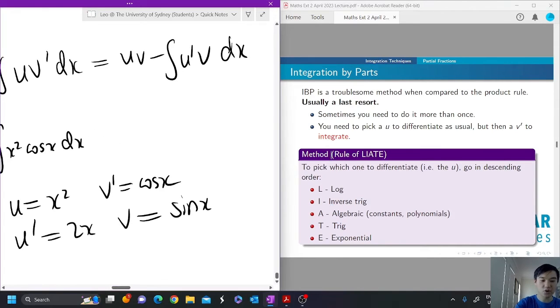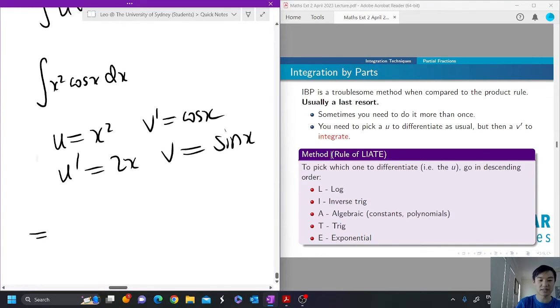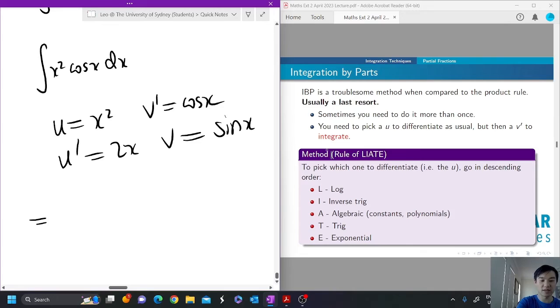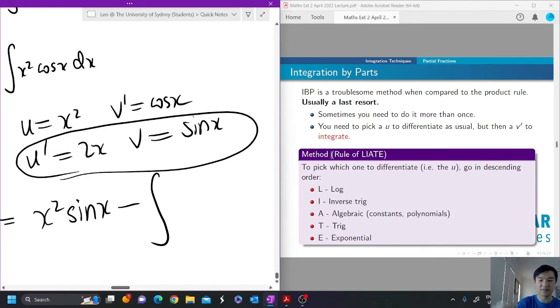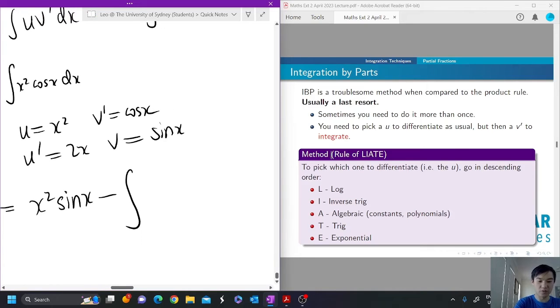So the integral of x squared cos x dx is going to be x squared sine x minus the integral of 2x sine x.